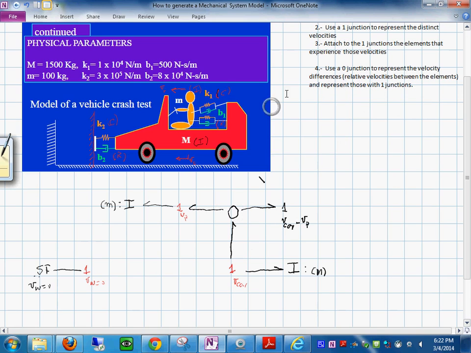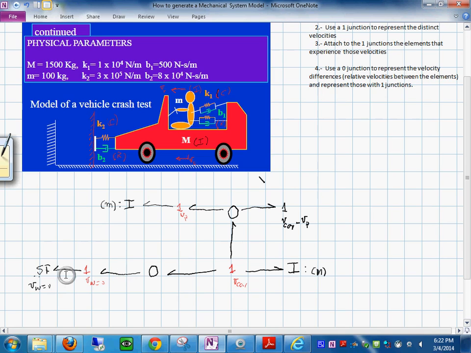That's what this is saying. We use a zero junction to represent the difference, and of course that difference is also represented by a one junction. In between the car and the wall, there is also another situation here. So I'm going to put a zero junction over here, and then we're going to go here like this, and then this, of course, velocity is zero.